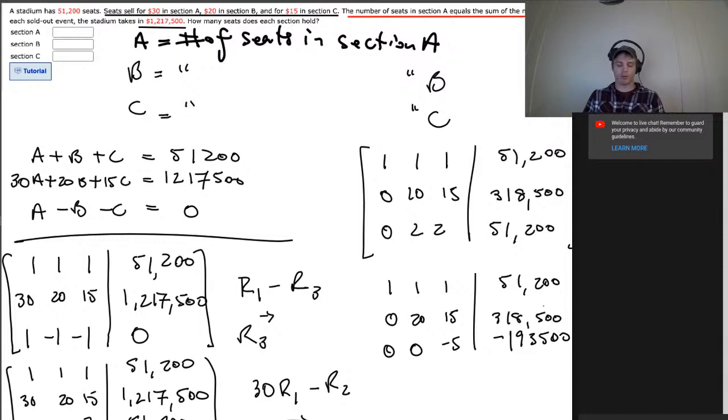Okay, and on this one, you can divide the bottom row by negative 5. So dividing both sides by negative 5, you'll get 1 and then 387.